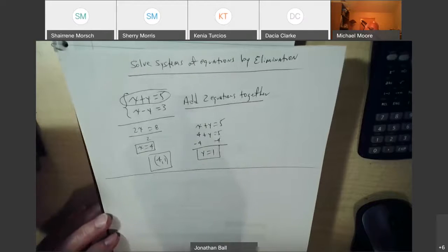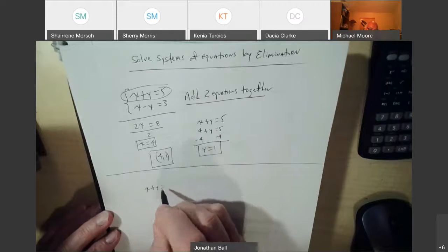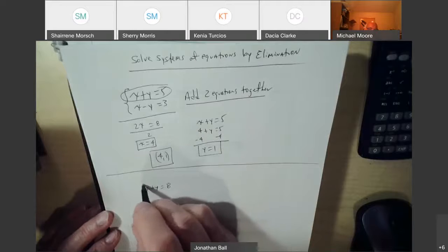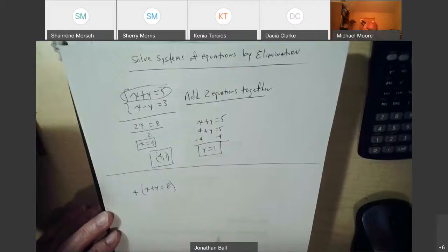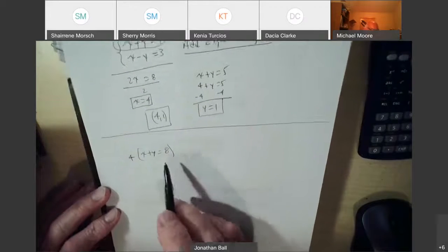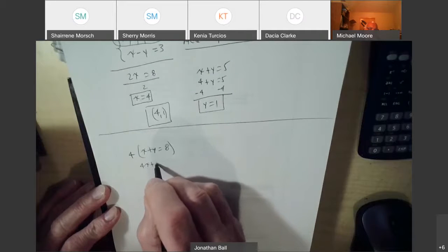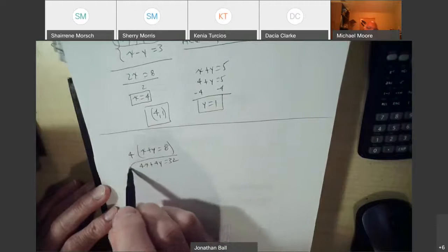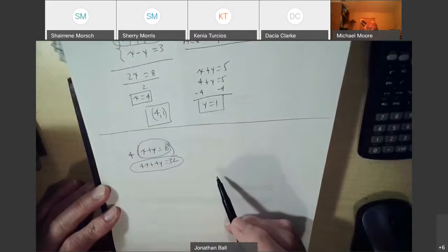Now, the one thing we want to remember is if we have x plus y equals 8, and we multiply everything by 4. This doesn't have anything to do with the problem up here. All I'm telling you is if we multiply this equation by 4, we get 4x plus 4y equals 32, right? This equation and this equation are the same.